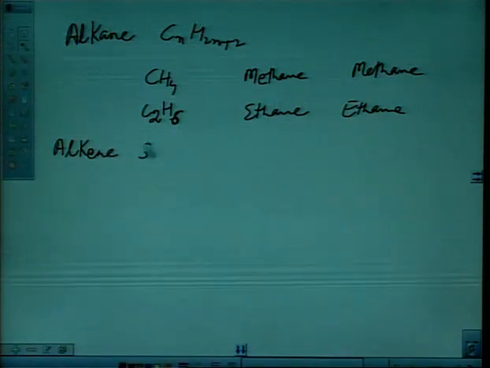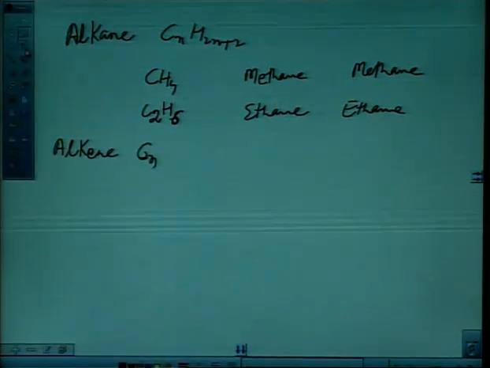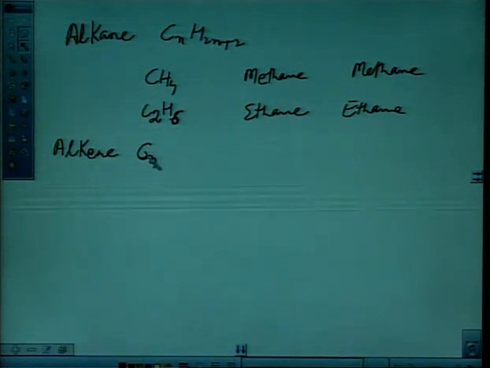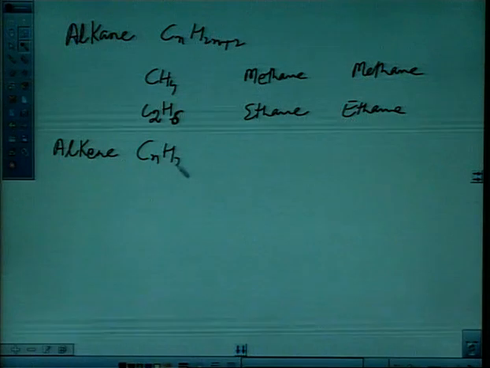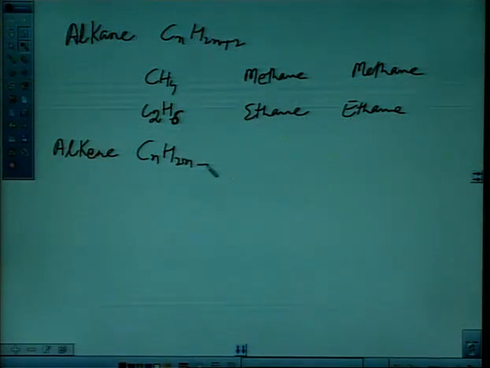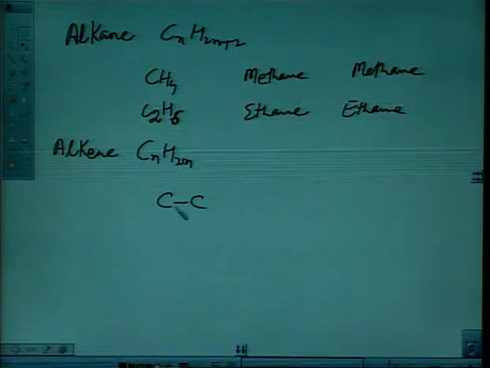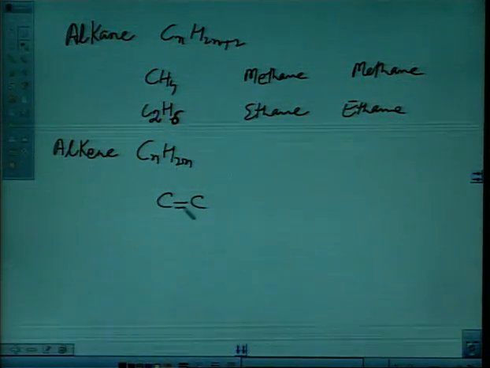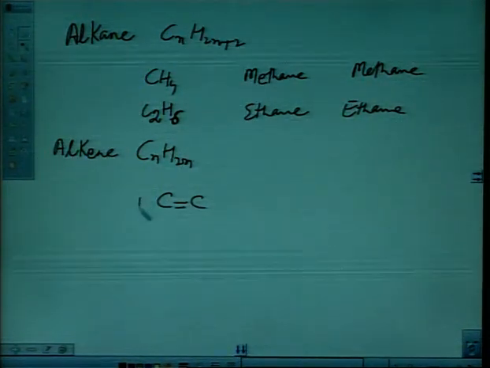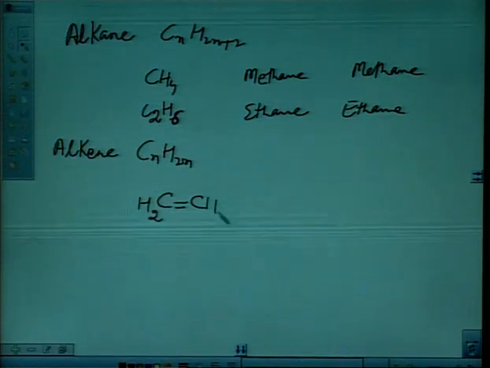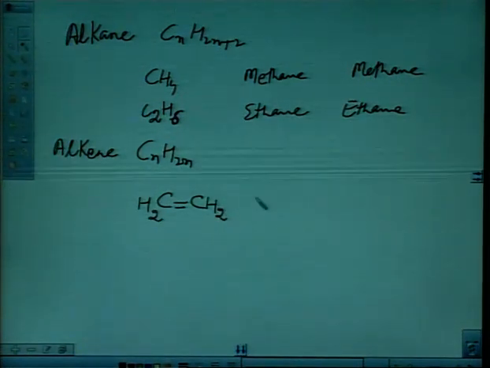the formula is CnH2n. There will be one double bond. So the first member is CH2=CH2.